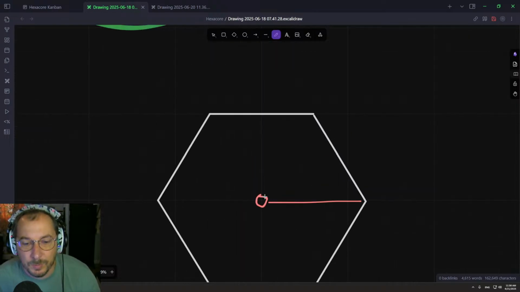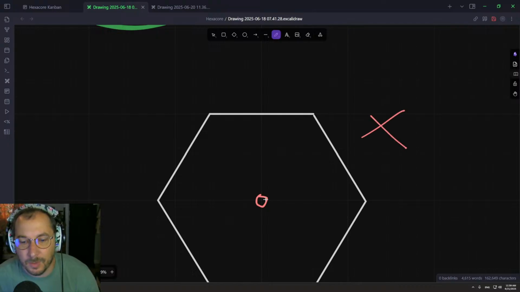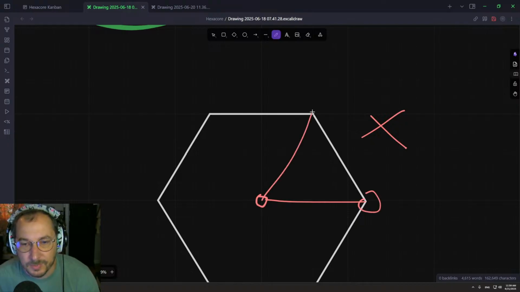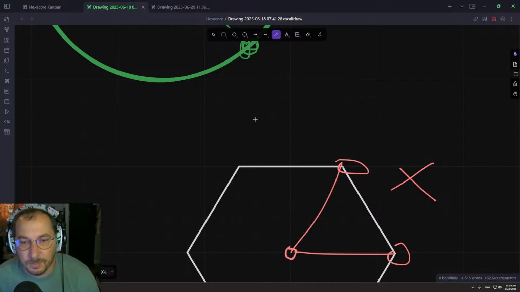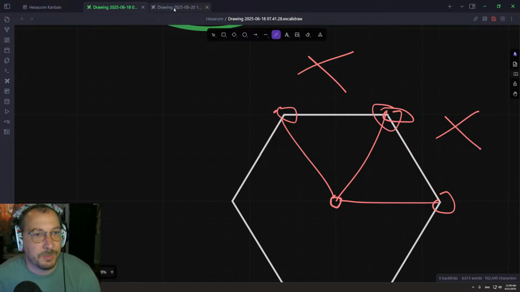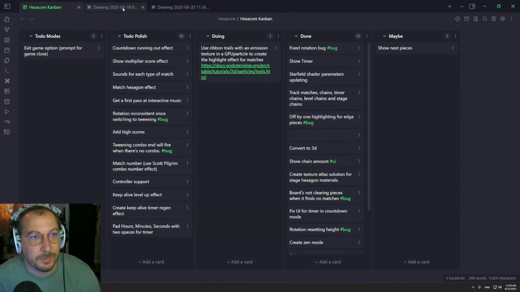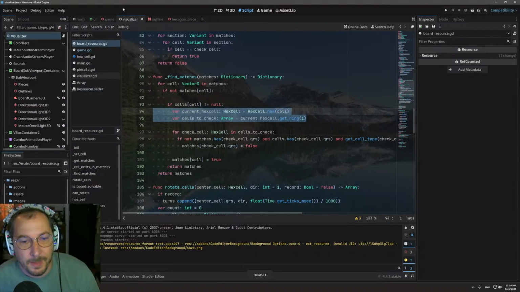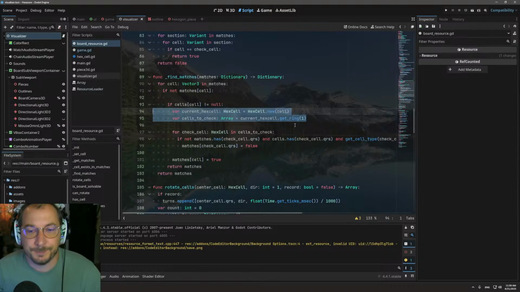So when we're actually determining, oh, there's nobody here, then we know we need to draw a line starting from radius here to radius here. Then we determine there's nothing here. We know we need to draw a line from radius here to radius here, and so on. So we just need a good way of measuring the size of the hexagon. I think we're going to be okay.